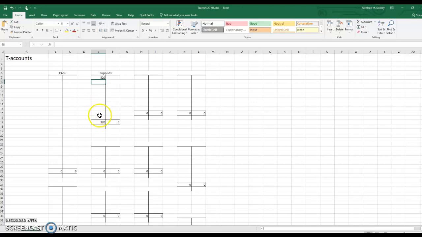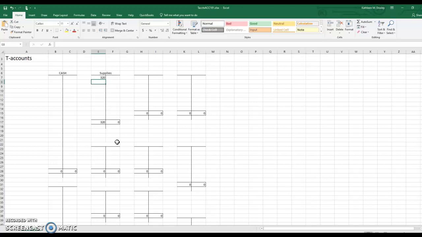Now the balance down here at the bottom is a $320 debit balance. We need to get the balance to equal the reality of $90 that we counted on the shelf. So we must have used some of the supplies during the month.